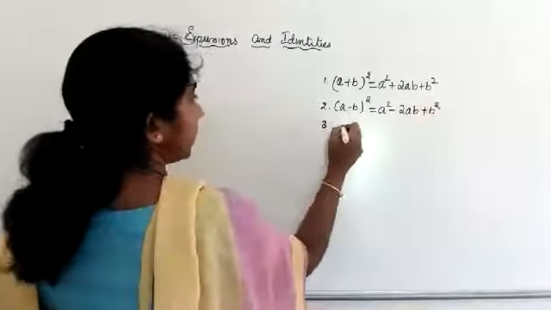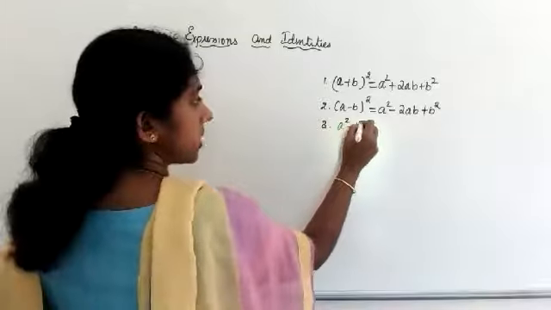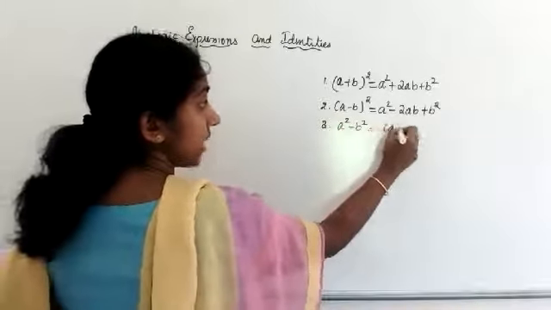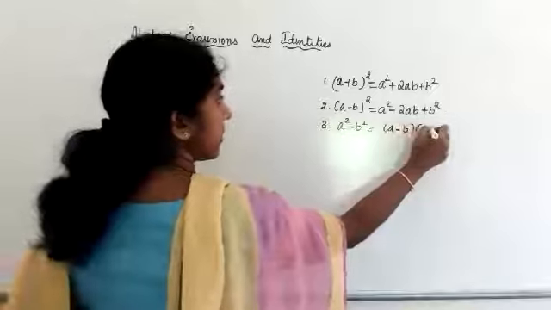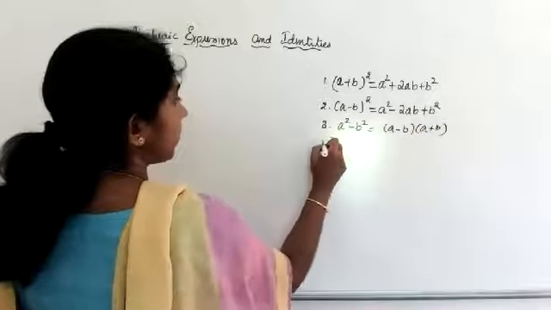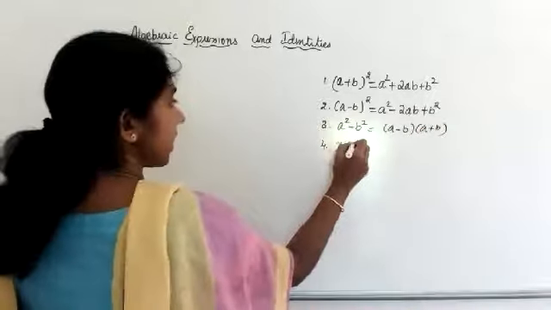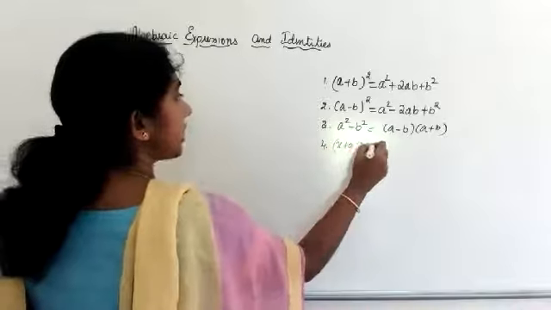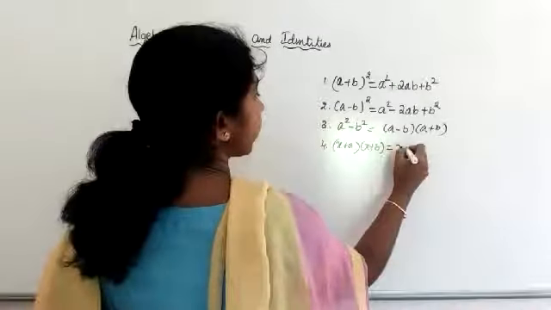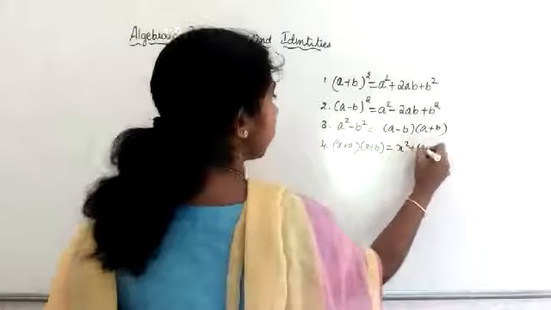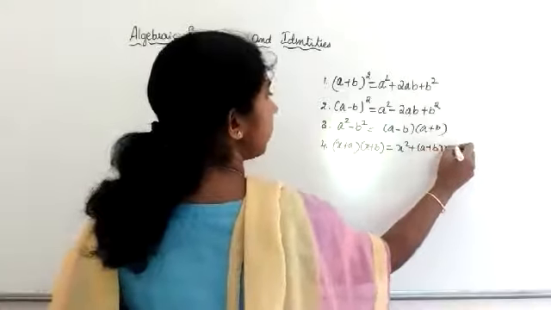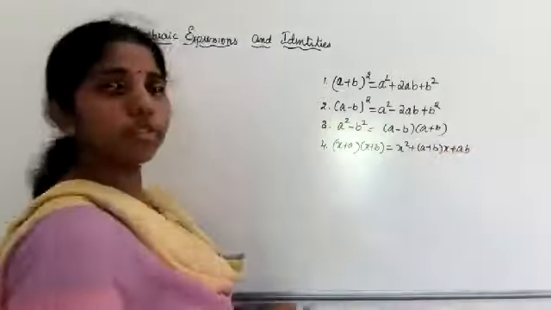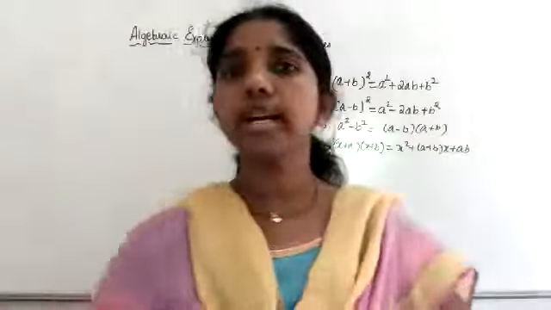The third identity is a square minus b square, which is a minus b into a plus b. And the one more identity which we learned was x plus a into x plus b is equal to x square plus a plus b into x plus a into b. These are the four identities which we have learned in our previous session.